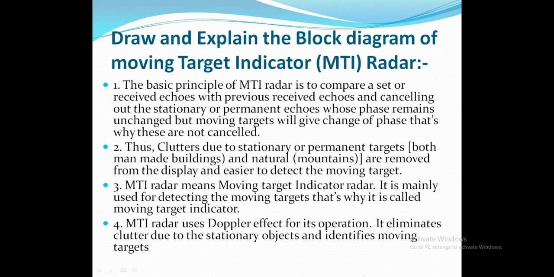The basic principle of MTI radar is to compare a set of received echoes with the previously received echoes, cancelling out the stationary or permanent echoes whose phase remains unchanged, while moving targets give a change of phase. That's why they are not cancelled.